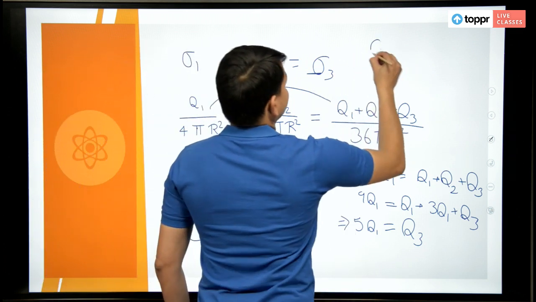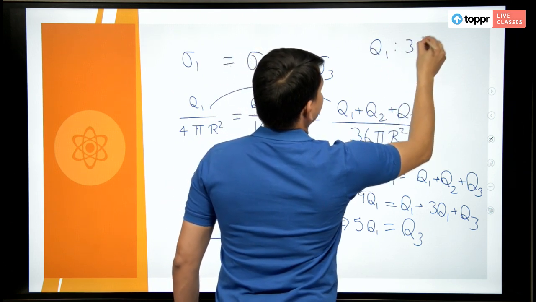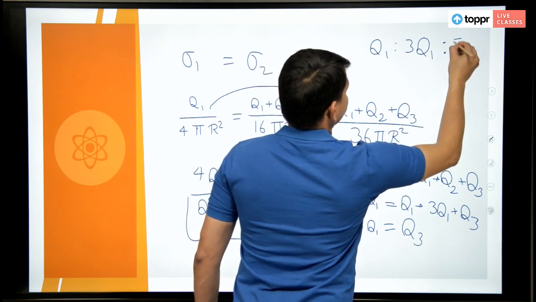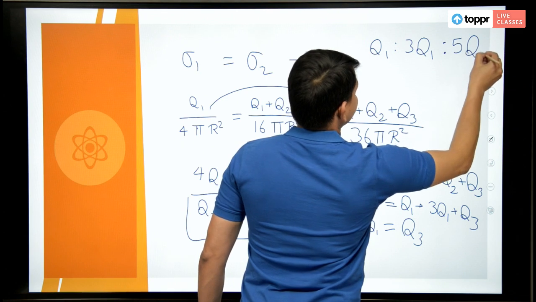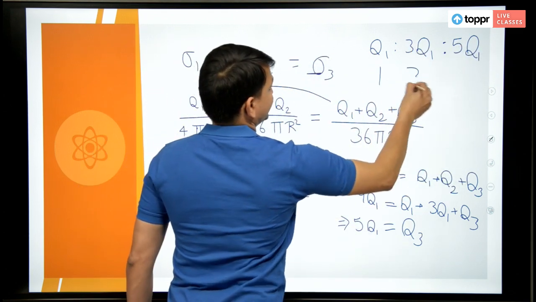That means you can easily find out the ratio is 1 is to 3 is to 5.